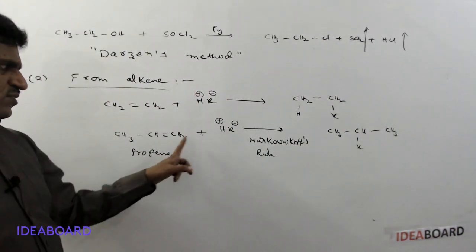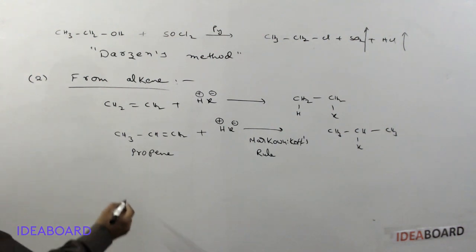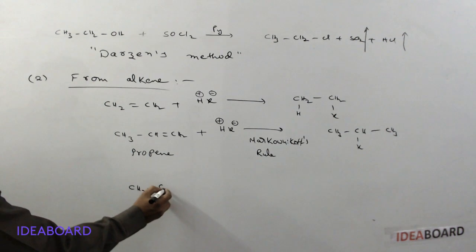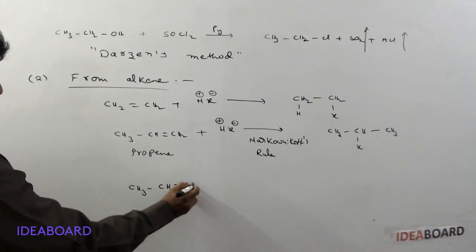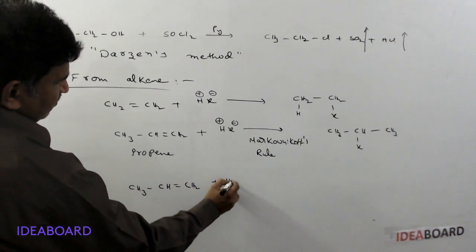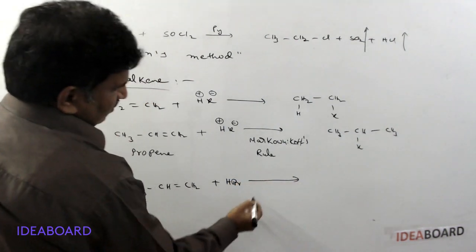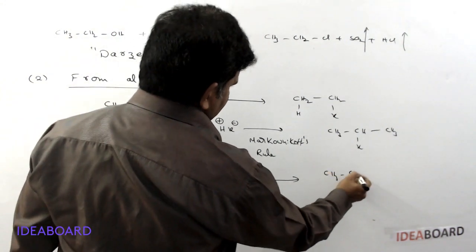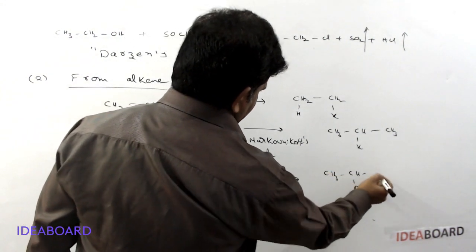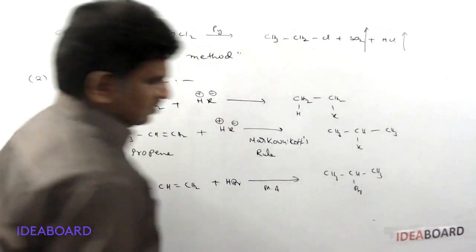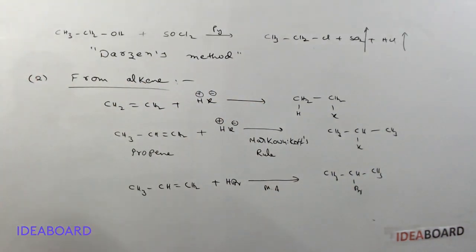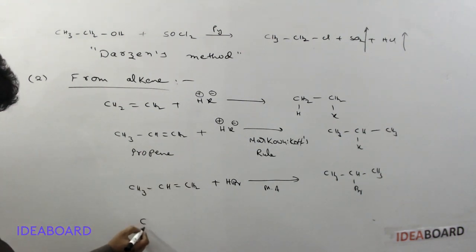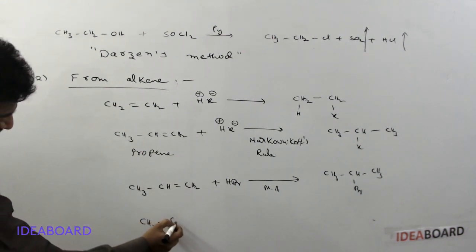The positive part adds to the carbon containing more hydrogens. Suppose you have CH3CH=CH2 plus HBr. According to Markovnikov addition, we get CH3CHBrCH3, which is called 2-bromopropane.